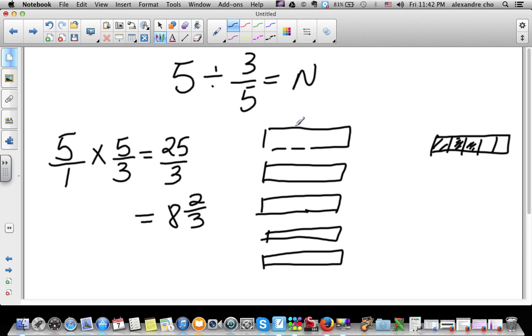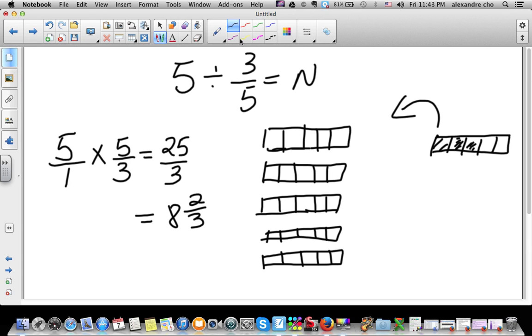Well, easiest, what you should do is obviously cut these in 5s as well. 1, 2, 3, 4, 5. 1, 2, 3, 4, 5. And if you can do a better job than me at drawing, please, by all means. And 1, 2, 3, 4, 5. So how many times can these 3 fit into all those?